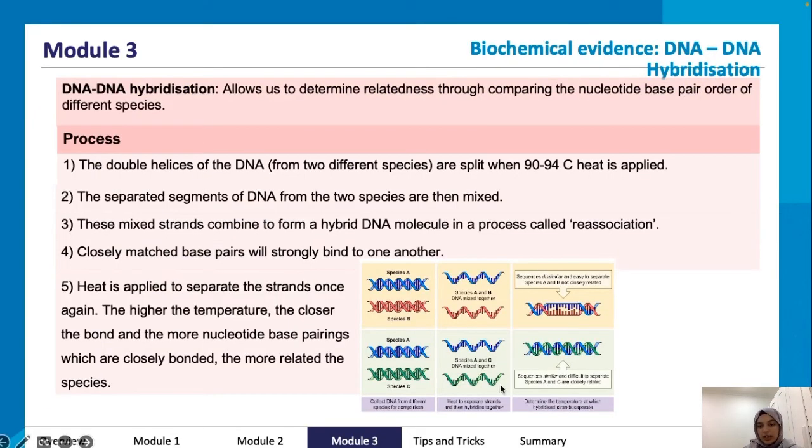So we can see over here the sequences are similar and they are very difficult to separate, right? Because they're all connected, compared to this one which is not connecting. This means that species A and C are closely related, compared to species A and B, where you can see that they are not connecting and they're dissimilar and very easy to separate, meaning that they're not closely related.